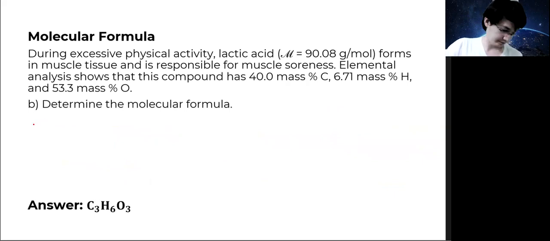Again, we are first to determine the whole number multiple that is used to find the molecular formula from the empirical formula.